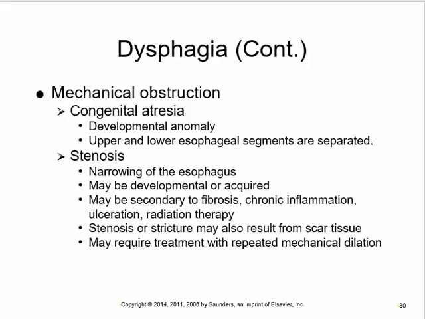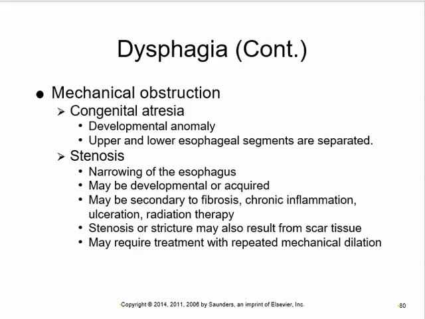A congenital atresia is when the upper part of the esophagus and the lower part of the esophagus don't meet. If you remember from physiology, the upper part of the esophagus is skeletal muscle, the lower part is smooth muscle, and the middle part is a mixture of both.